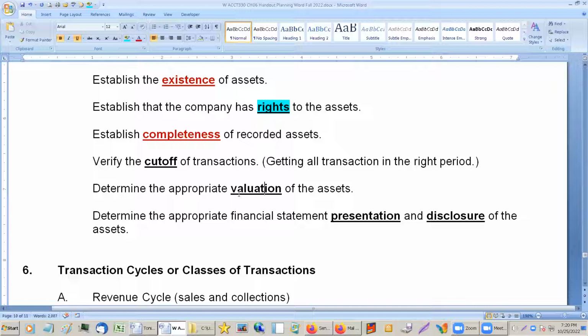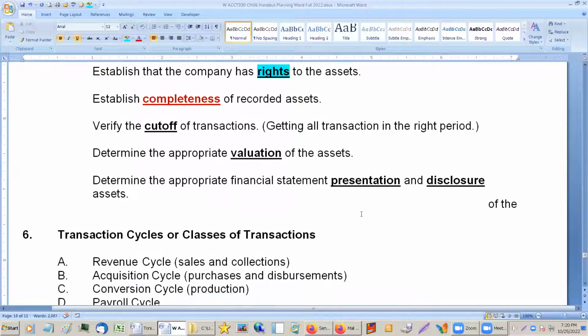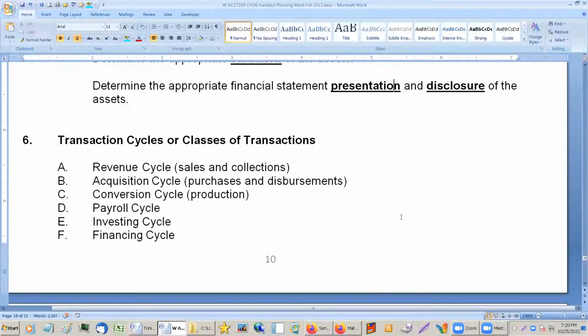Valuation, especially things like long-term assets, depreciation, all that kind of stuff. And also presentation is the disclosure, how they're showing on the financial statements and in the footnotes.